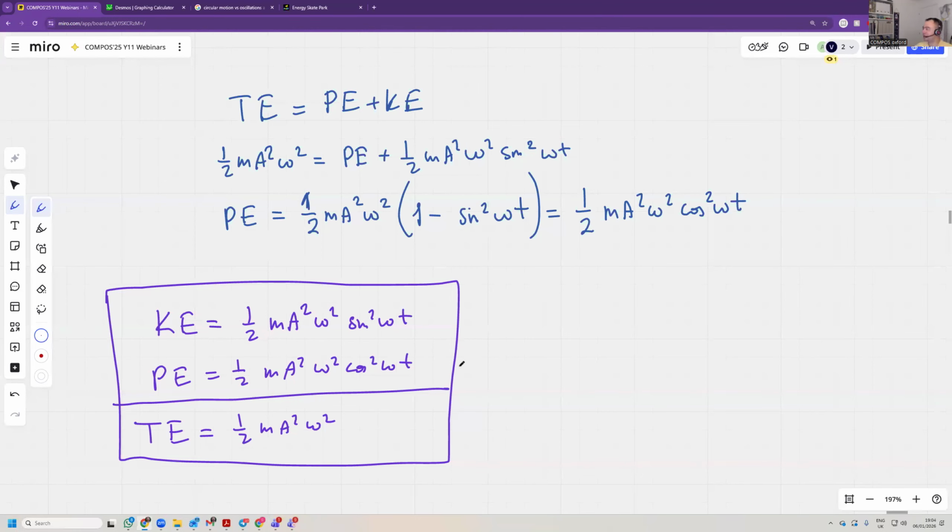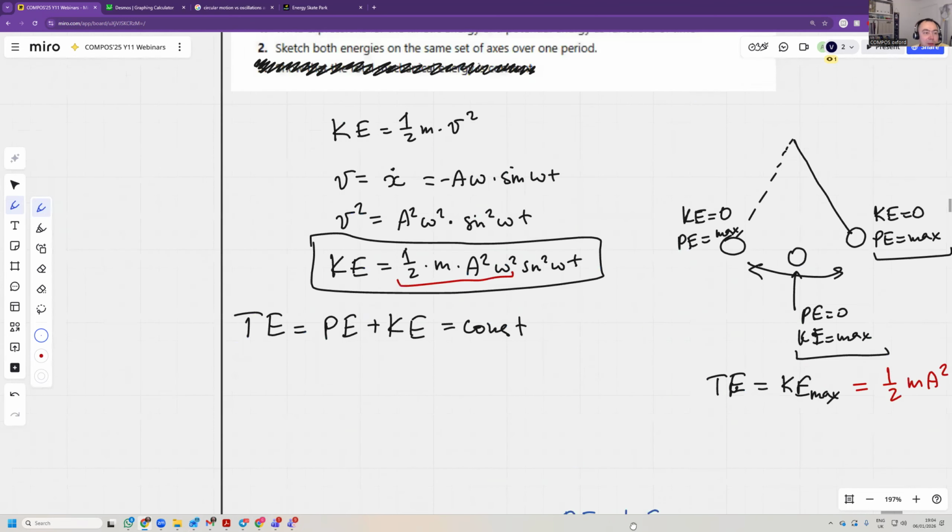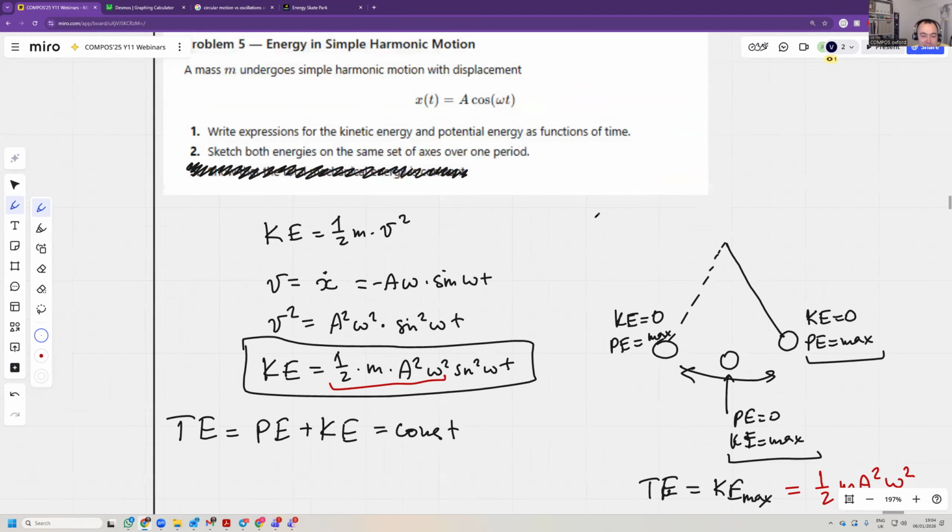But we can go a step further. But remember that x, the position, was a cosine omega t, wasn't it? A cosine omega t, yes.